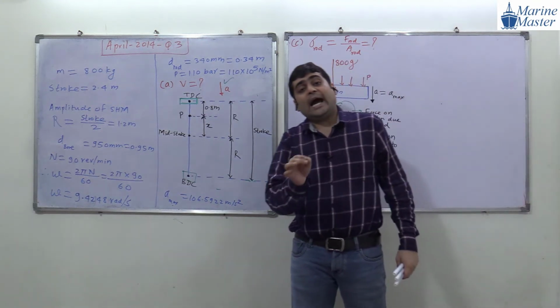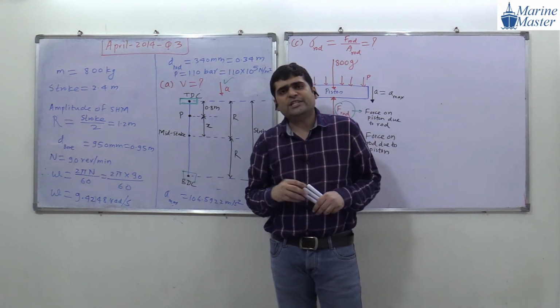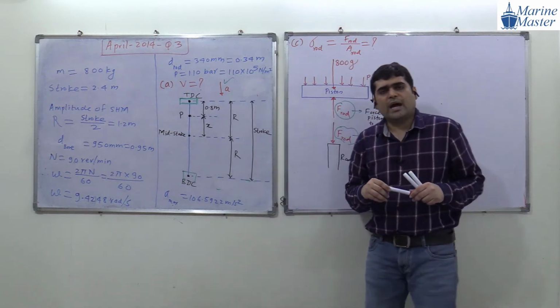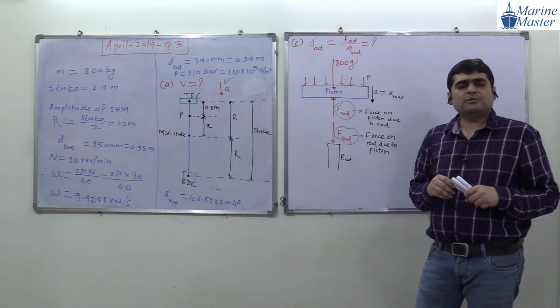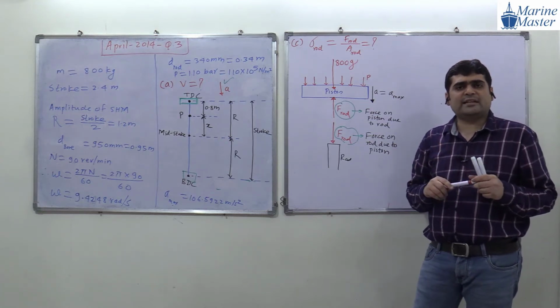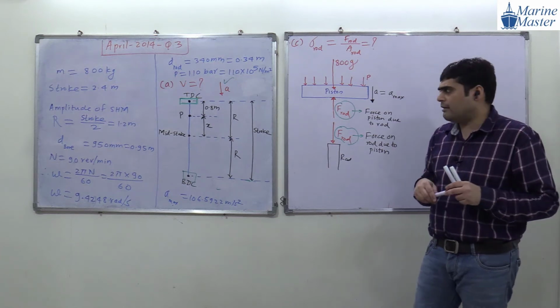In theory, I have given you one note, guys. Just go through your theory. I think note number 4: first note maximum velocity, second note maximum acceleration, third note xa is equal to xb, and the fourth note, what note have I given you?